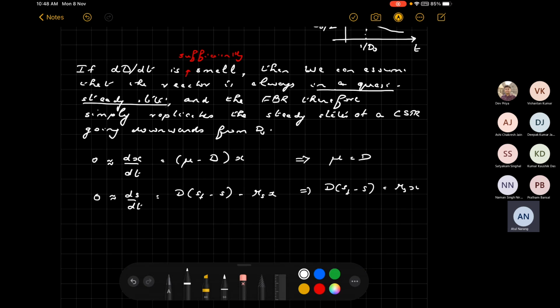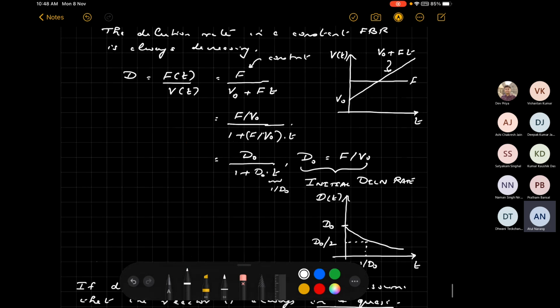So this is basically a mathematical explanation for the fact that the constant fed batch reactor moves slowly to the left, in accordance with the time dependence D of t. Keep in mind, this D is not constant. This D is slowly decreasing as a function of time.